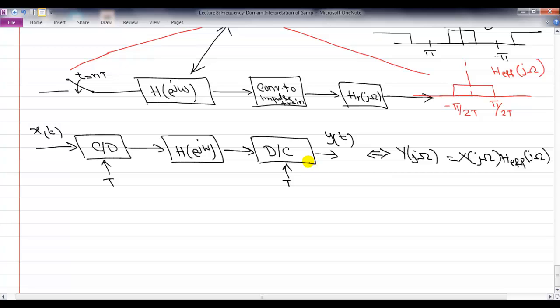Again, assuming that you are doing band limited signals. And when I draw this D to C like this, it automatically assumes that you have an ideal reconstruction filter.